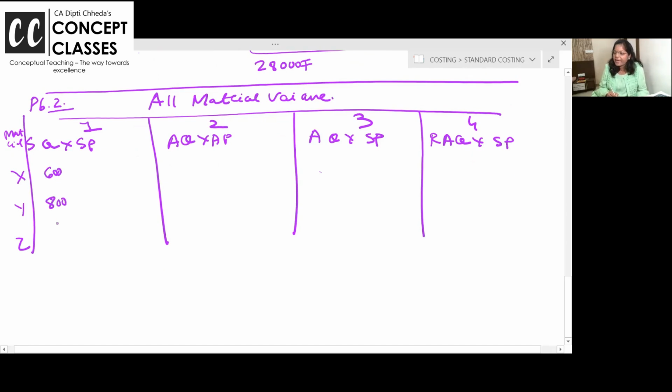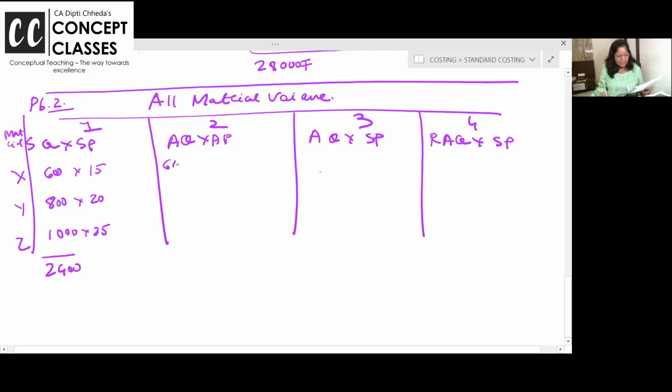600, 800, 1000, 2400. Standard price is given to you: 15, 20, 25. What is actual quantity into the price? It is given in the problem. Just copy the figures.